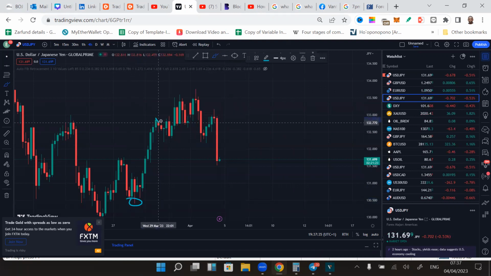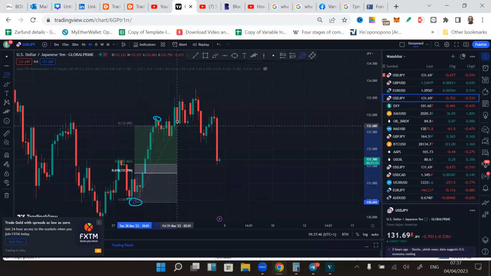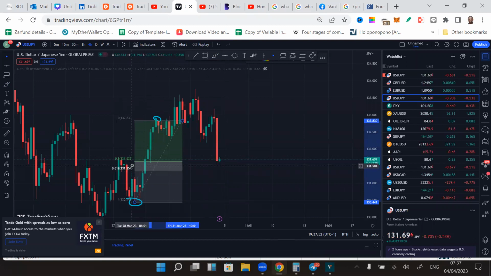Let's test it and see. So let's pick our Fibonacci now. We'll place it here, and then we'll drag it here. So when we drag it here, what do you see? It doesn't even come close to the 50 or 61.8 at all.